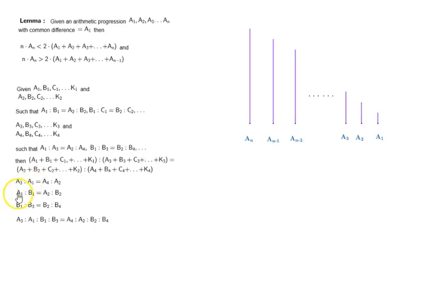a3 is to a1, is to b1, is to b3 is equal to a4 is to a2, is to b2, is to b4. So that means, ex aequali, we can say a3 is to b3 is equal to a4 is to b4.